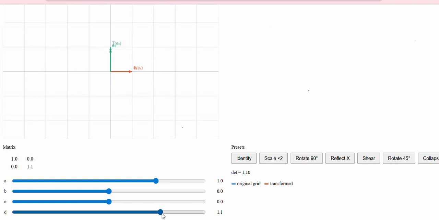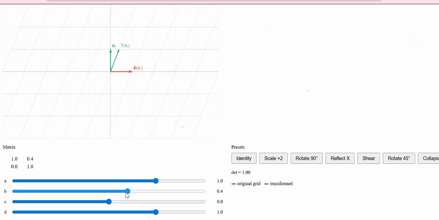Okay, what about this value? When we are changing the b value, this coordinate is 1 comma 0, right? When we are changing 0 to any other value, you can see that it is going to shear towards the x. Basically the j vector is going to be dependent on your x vector position.